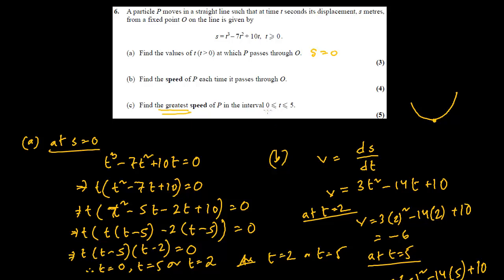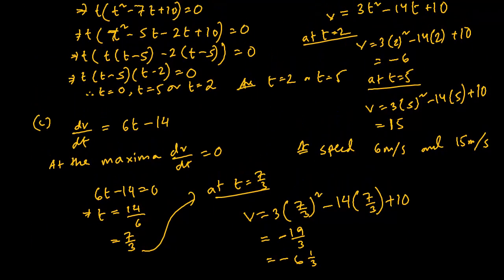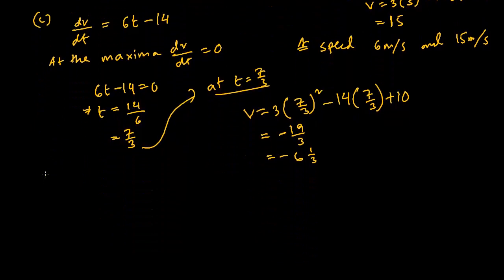So we also have to compare with the interval t equals 0 and t equals 5, and we can take the help of the previous question. When t equals 5, v equals 15. When t equals 0, if we put 0 in, v equals 10. At the turning point t equals 7 by 3, the velocity is minus 6 point something, so the speed would be 6 point something.